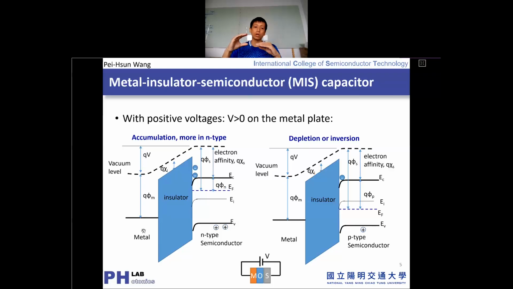In order to produce the electric field between these two junctions, the bands shift away from each other, and the potential difference between the Fermi levels of the metal and the semiconductor equals the voltage you apply externally. After the external charge, you can see that the Fermi level still remains flat in the semiconductor.